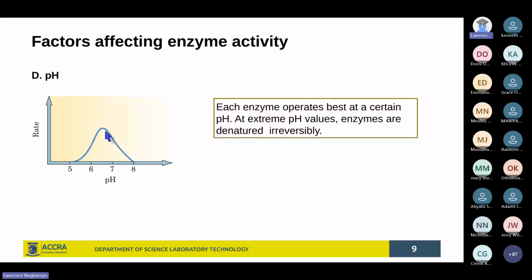In the same way, you can have some microorganisms, again some bacteria, that can live at very, very low pH, acidic conditions, like a pH of 2, which is their optimum at which they live.